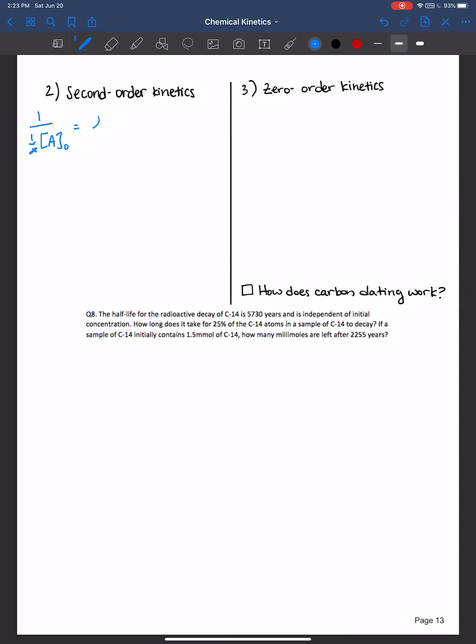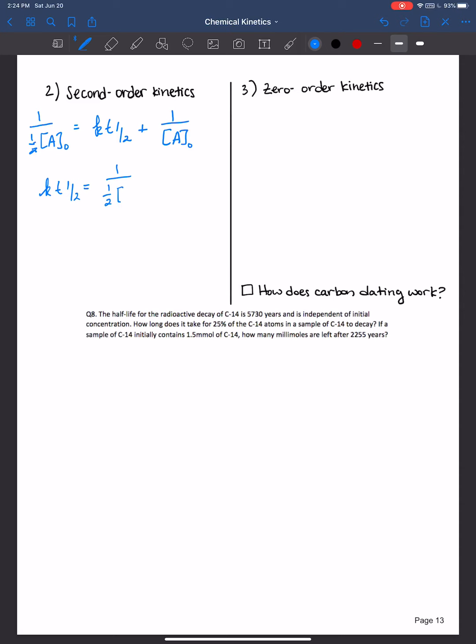It's equal to k times the half-life plus 1 over the initial concentration of the reactant. And so second order kinetics is dependent on concentration. Nothing cancels out there, but let's go ahead and simplify so that we can isolate the half-life.